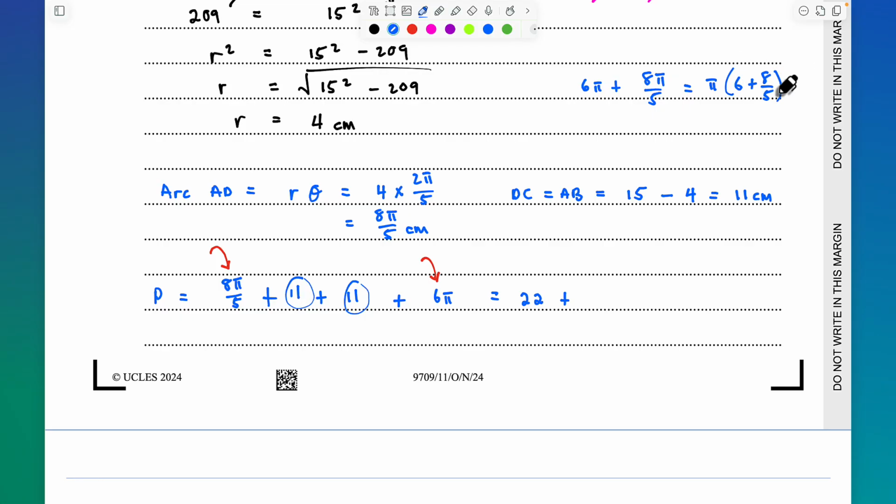That is going to give you 38 pi over 5. And all of this is in centimeters. Let me just see if you can just add 6 pi plus 8 pi over 5. You get exactly the same answer. So you could have just plugged this into your calculator directly.